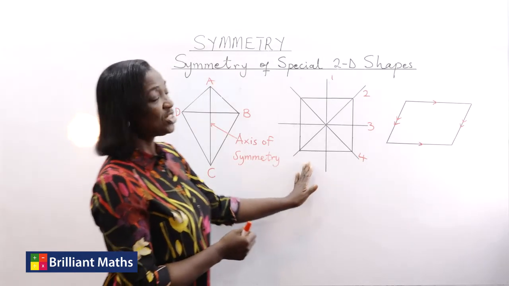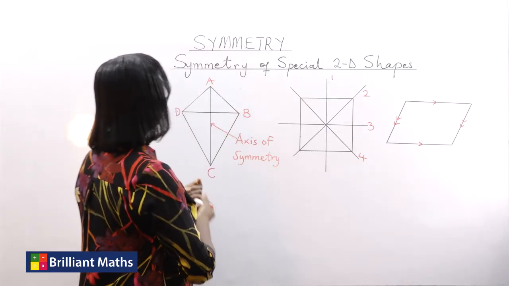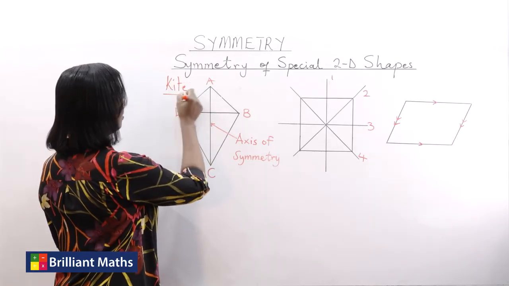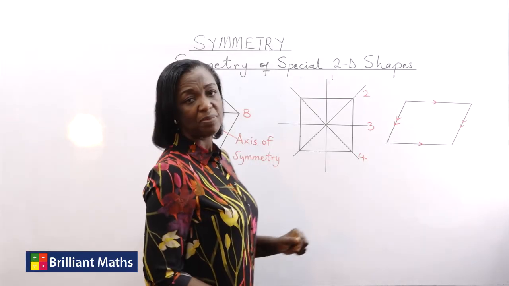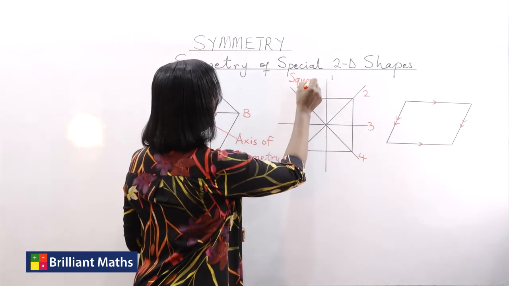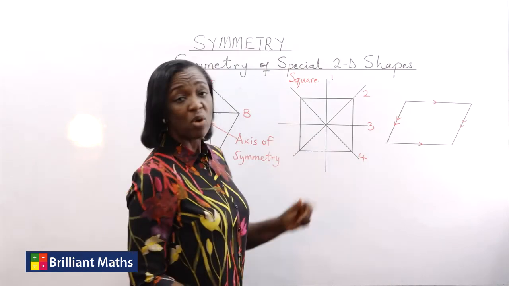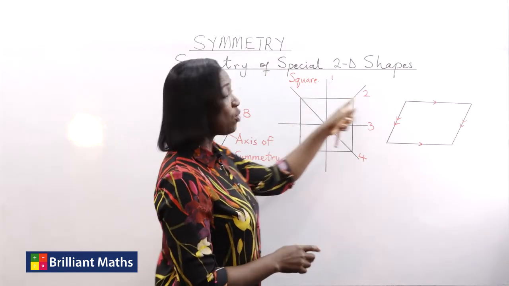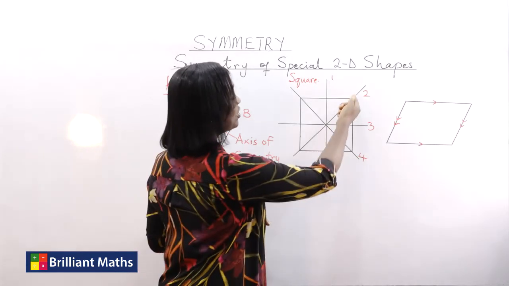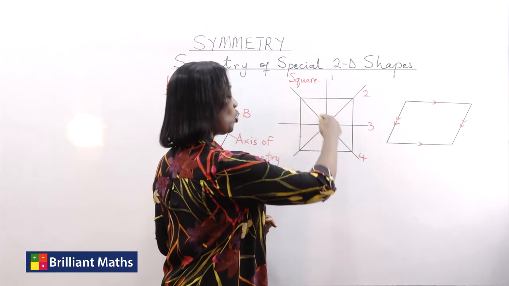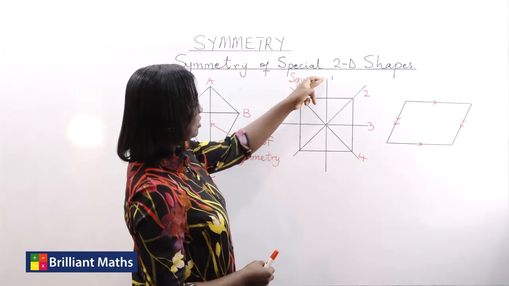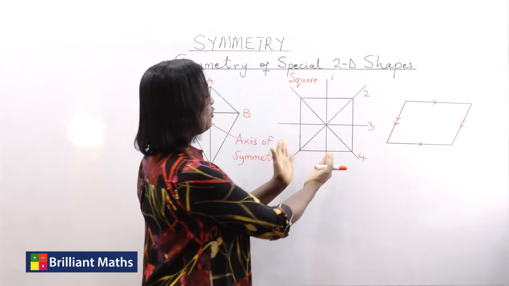Then here we have a square. So this is a kite. Then the second shape is a square. For the square, all the sides are equal, as we can see. And then the diagonals of a square are also equal. So this first line is a line of symmetry.